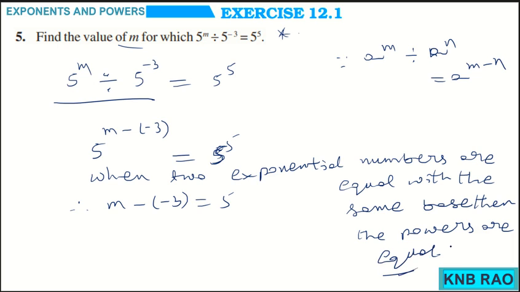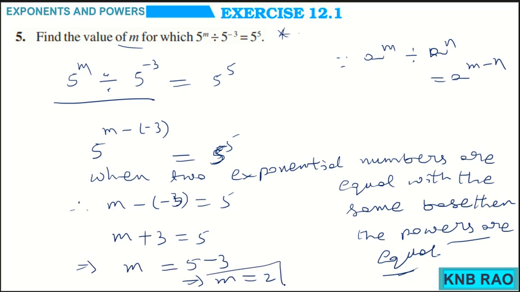So based on that concept, here the powers are equated. So m - (-3) equals 5, and removing the bracket, minus minus becomes plus, so m + 3 equals 5. By solving this simple equation, m equals 5 - 3, which implies m equals 2 is the right answer.